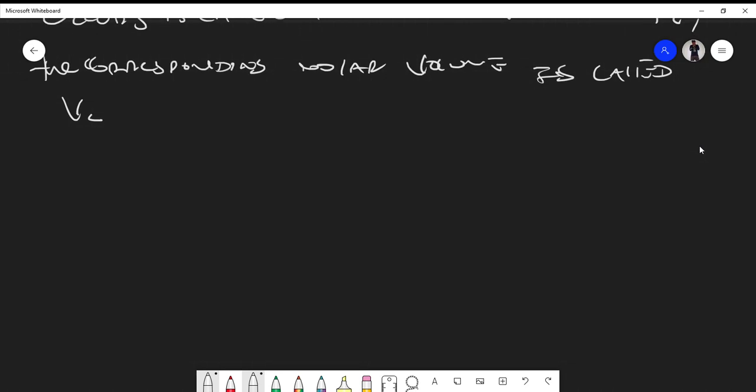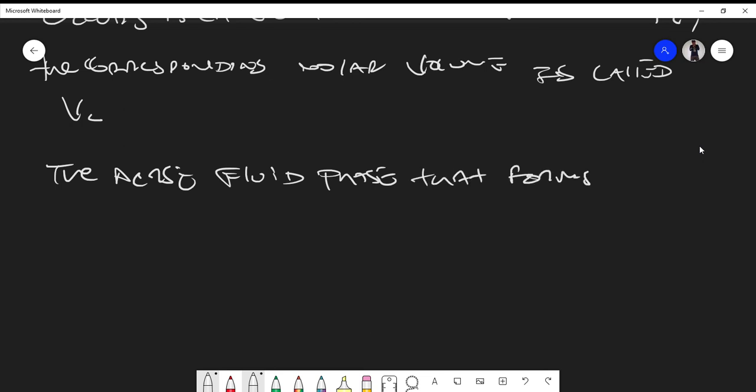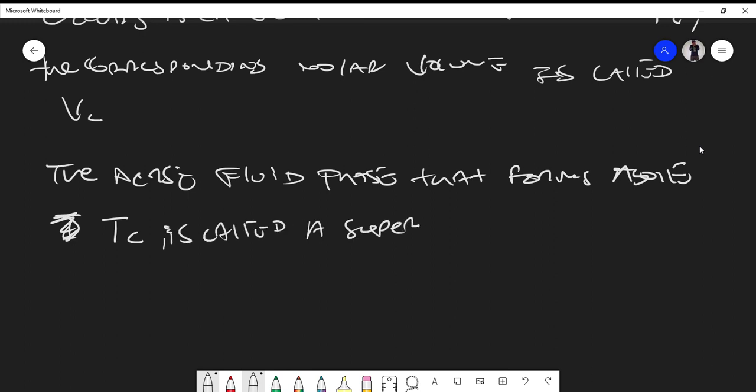Now, the dense fluid phase that forms above the critical point is actually called a supercritical fluid, right? So the dense fluid phase that forms above the critical point, TC, is actually called a supercritical fluid.